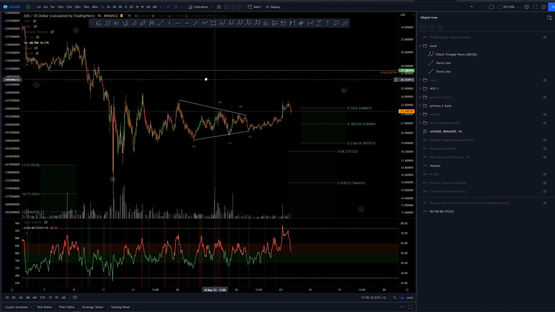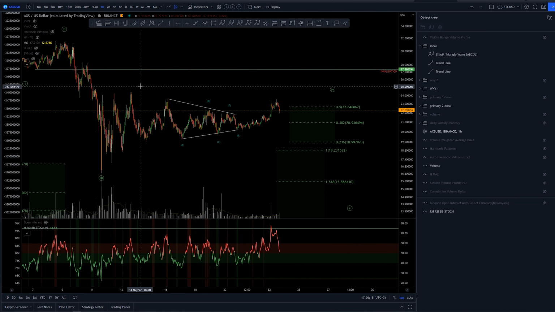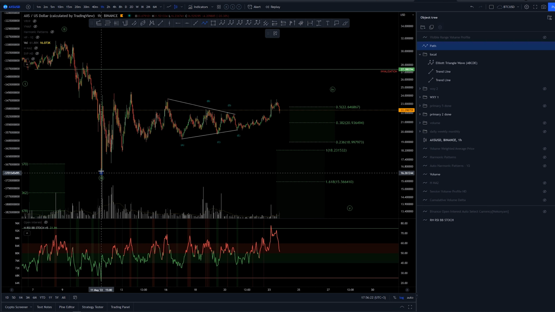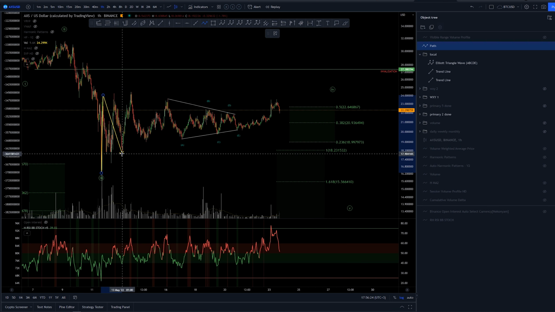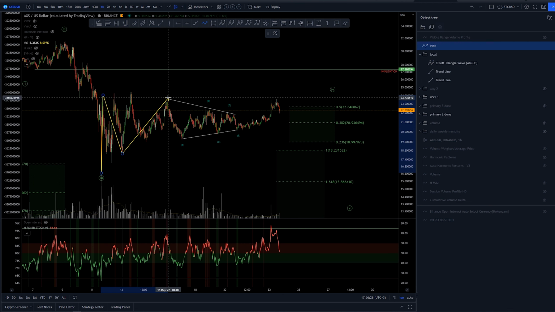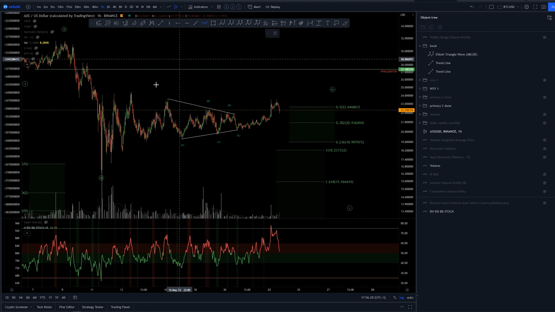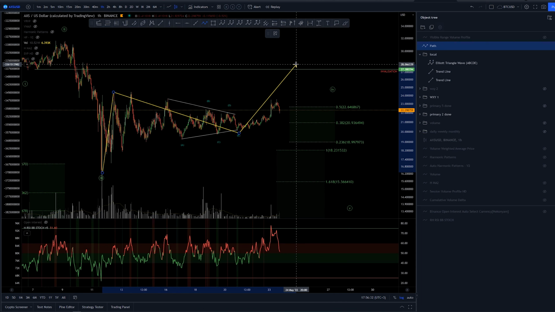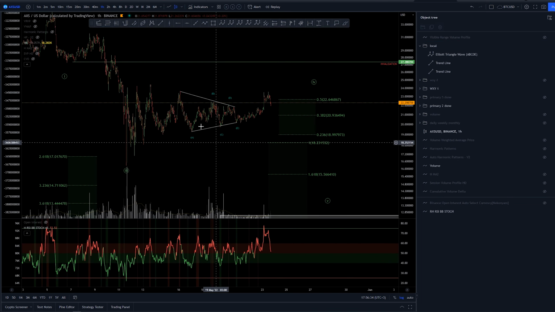We have this huge zigzag pattern here before it. We just don't know which part of this is actually, is it something like this, or is it something like this? There's just no telling.